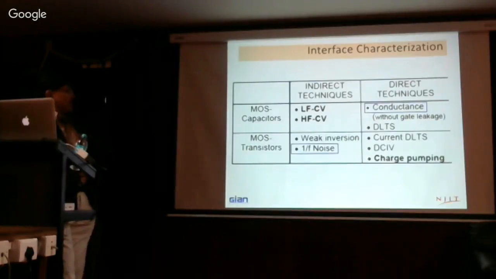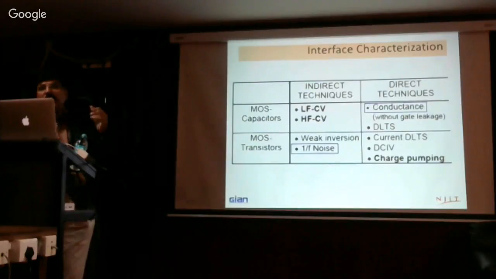And then there is current DLTS; typically DLTS is the capacitance transient, but if you can do current transient measurements by pulses, you can also do that. And DCIV measurement, where you can change the temperature of the current voltage measurements. And also charge pumping measurements, which you can do in a transistor.